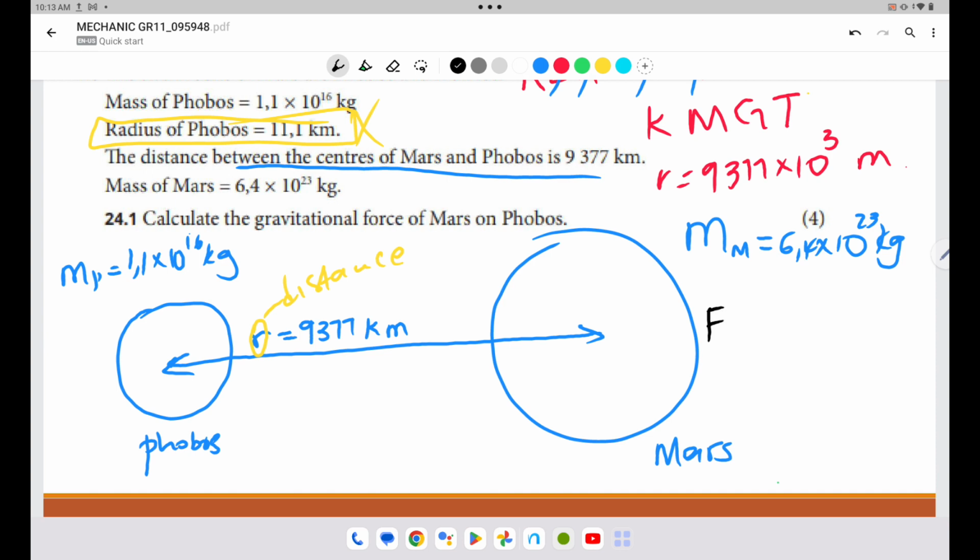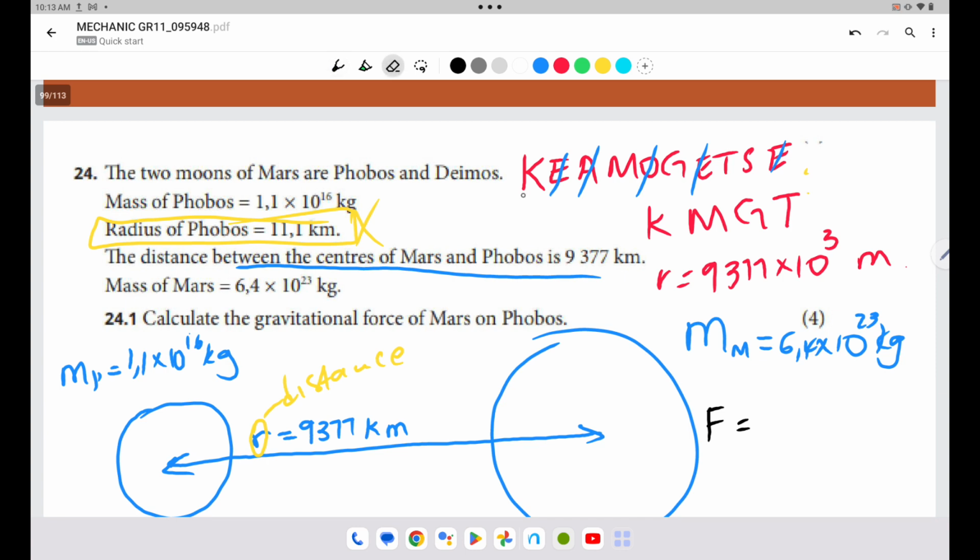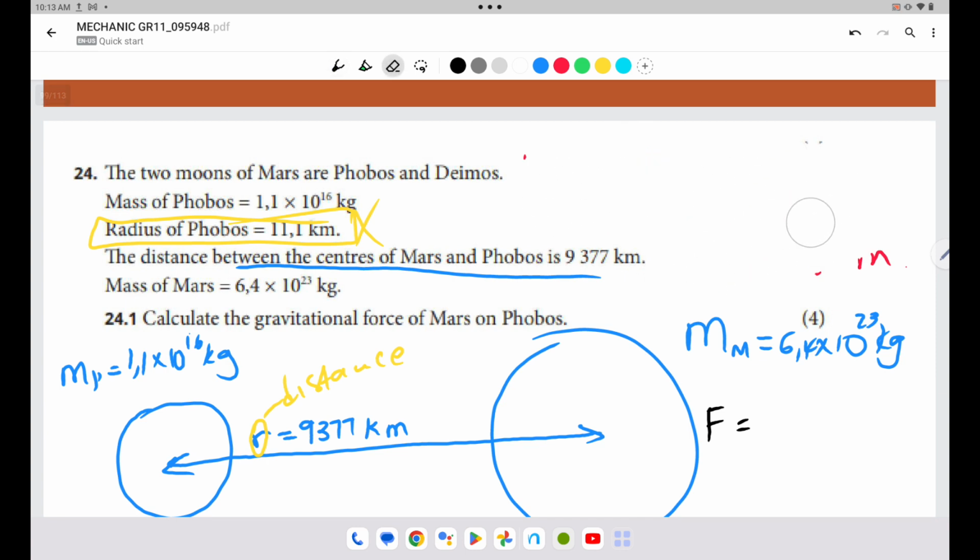F is equal to, let me write it here, G m1 m2, so that will be the mass of Phobos and the mass of Mars, divided by the square of the distance between their centers, and then you can substitute.